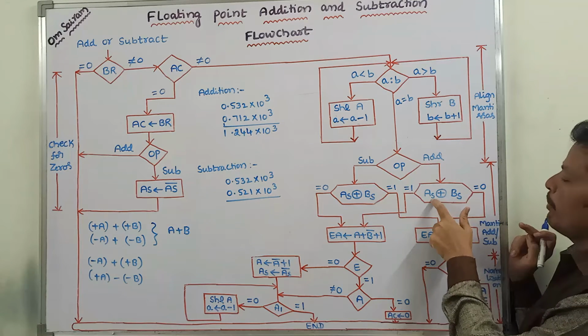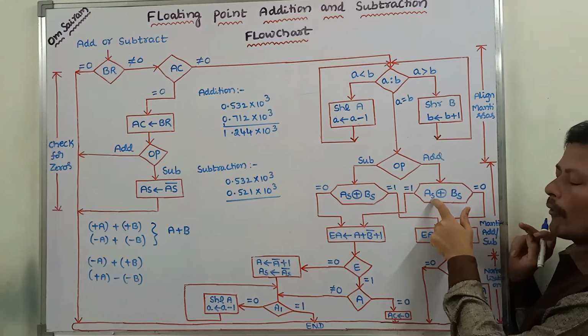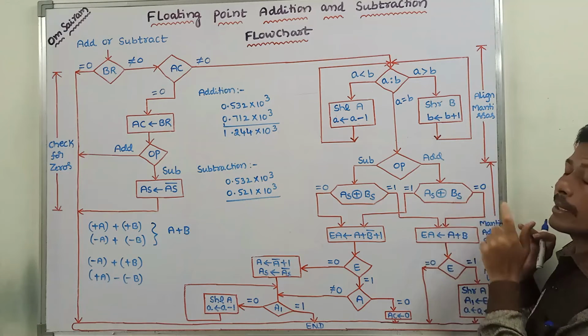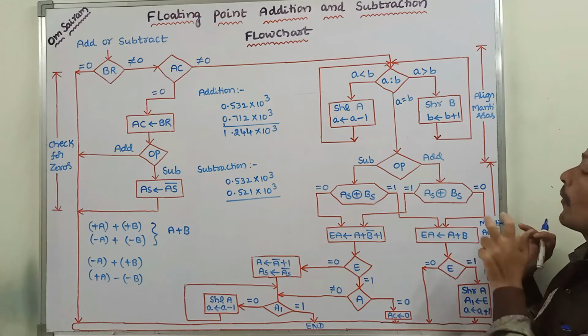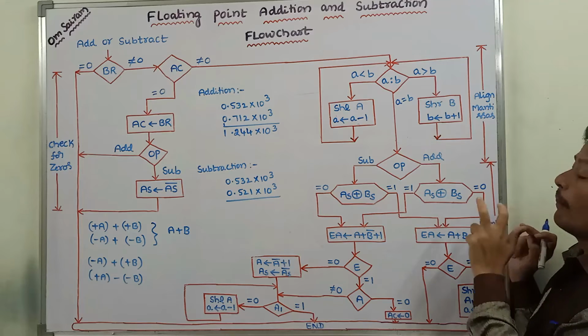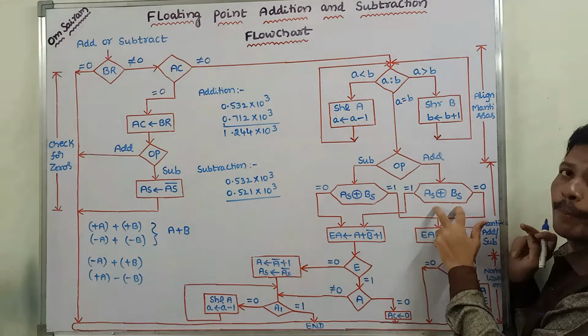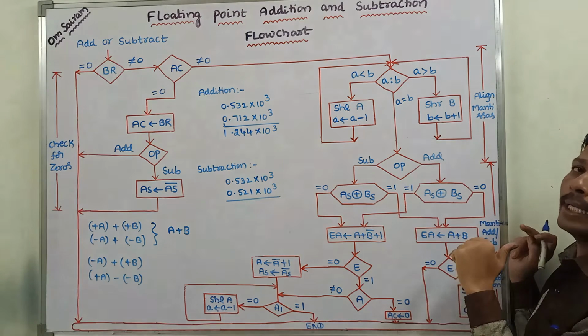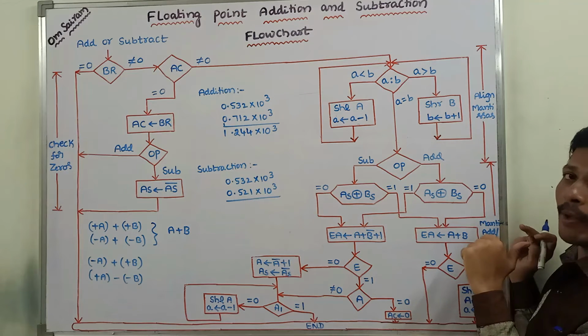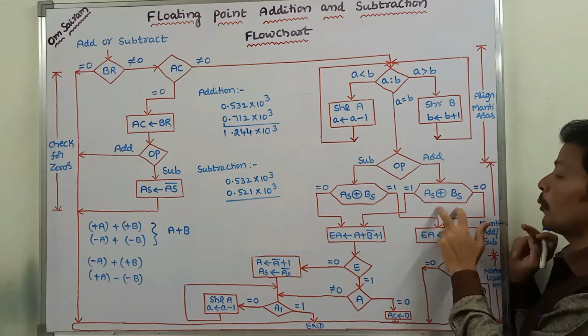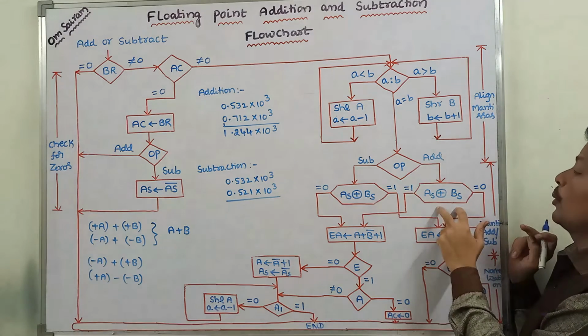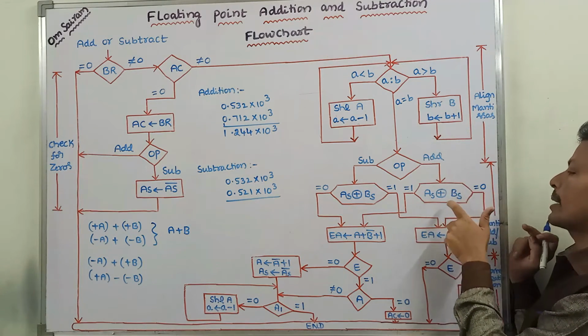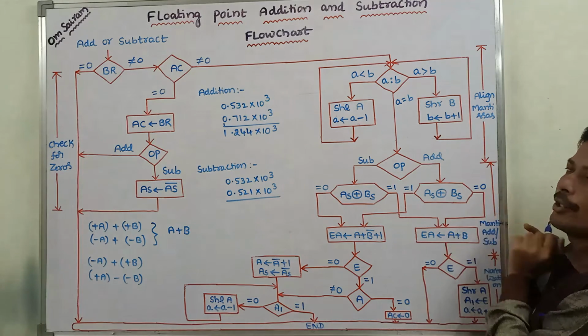Here the sign bit of the mantissa of the first floating point number and the sign bit of the mantissa of the second floating point number are both the same. At that time, after comparing the signs of the mantissas of two floating point numbers, the output of the exclusive OR gate is 0.